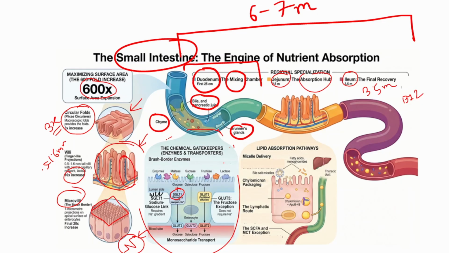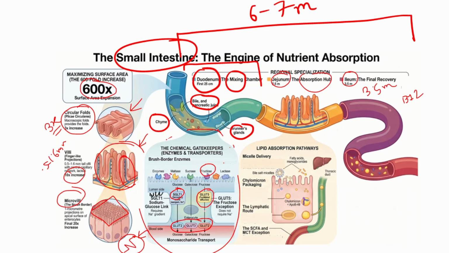Conversely, we establish fructose as the fructose exception. It moves via GLUT5 through a facilitated diffusion pathway that does not require sodium. Once inside the cell, all three monosaccharides pool near the basal membrane and exit into the blood side via GLUT2 or GLUT3 transporters.